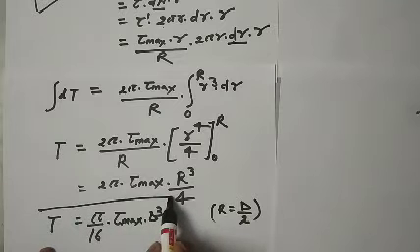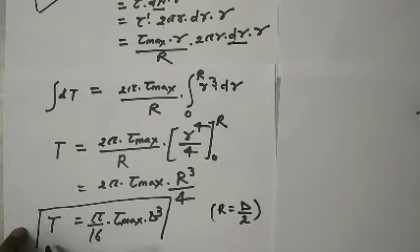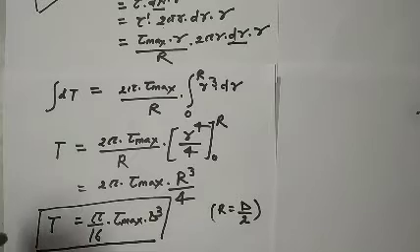This is the required expression for the turning moment of a solid shaft. Clear? Pi by 16 tau max into D cube.